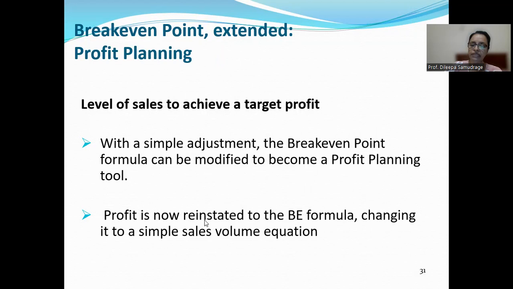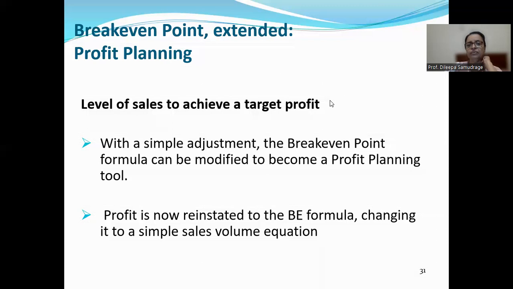Profit is now reinstated to the break-even formula, changing into a simple sales volume equation, right? So what you want to find out is, to achieve a target profit, how many units you should sell or produce.